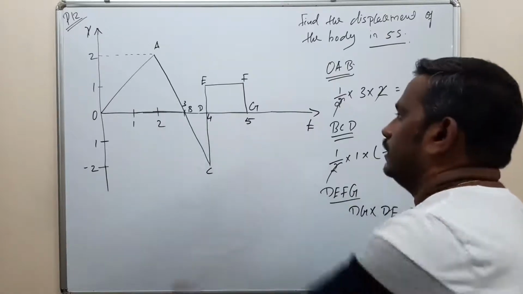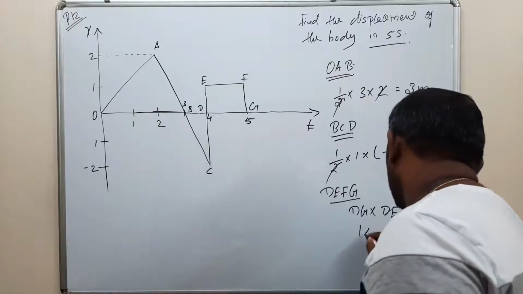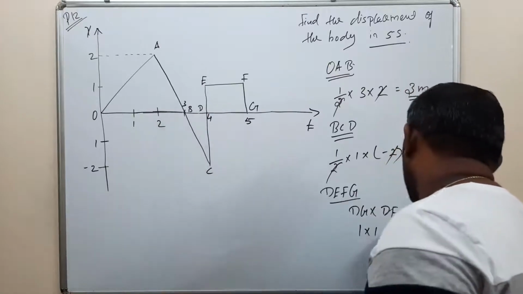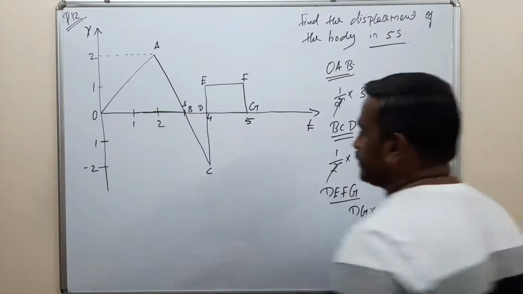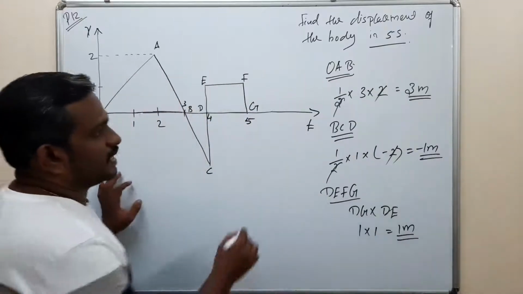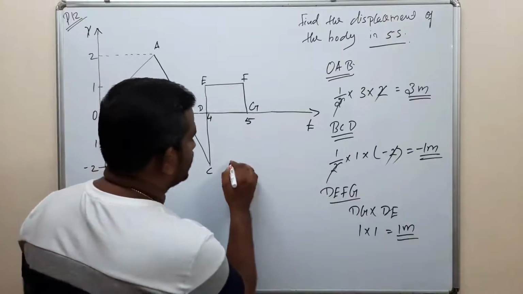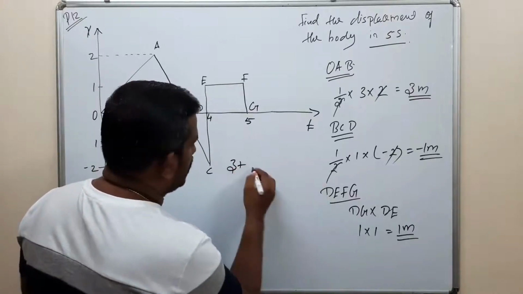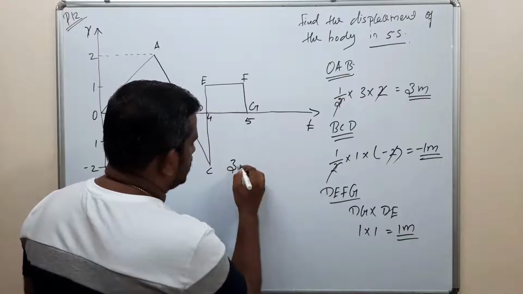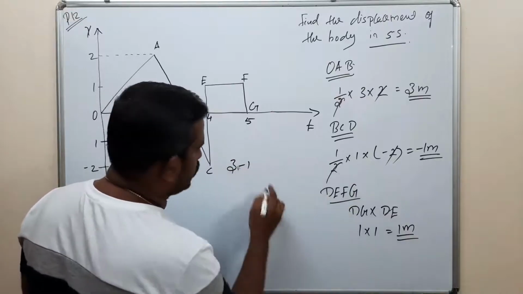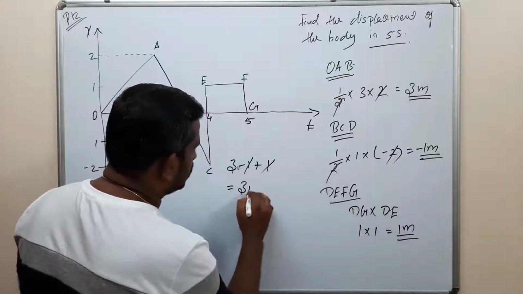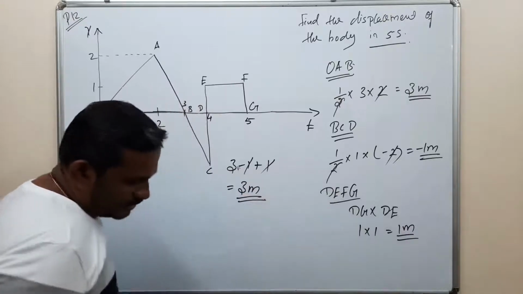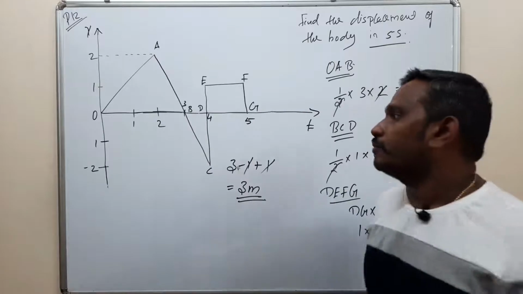DG is 1, DE is 1, that's equal to 1 meter. So the total displacement traveled by the body is 3 minus 1 plus 1. So -1 and 1 cancel, that's equal to 3 meter. So 3 meter is the displacement traveled by the body.